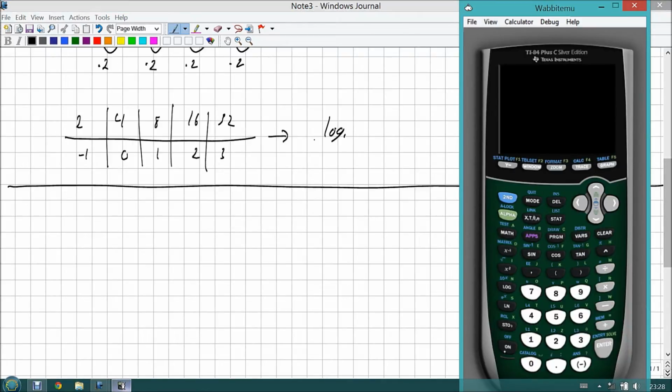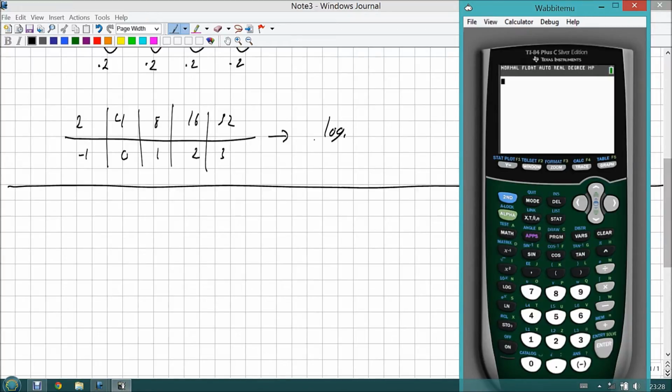So let's pull up our handy dandy calculator, turn it on, and we start with simple things. We start with the stat button, and then we go to edit, and you'll note that we have list 1 and list 2. I'm going to clear this data out because we're not using it. From here we put our data into our calculator.